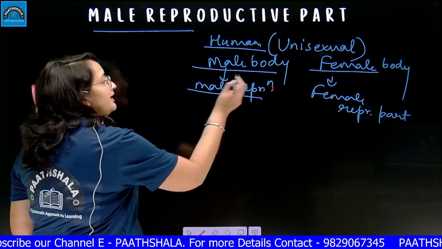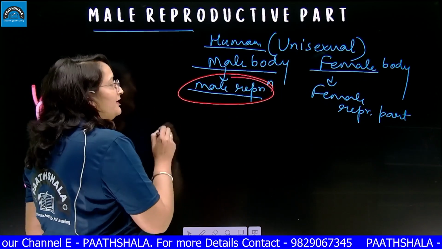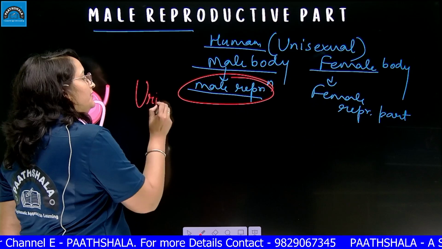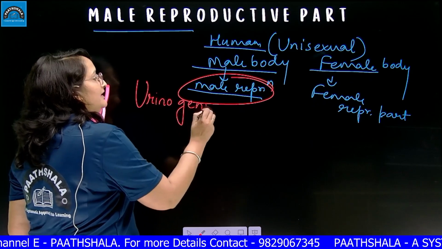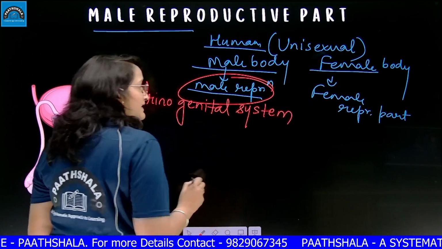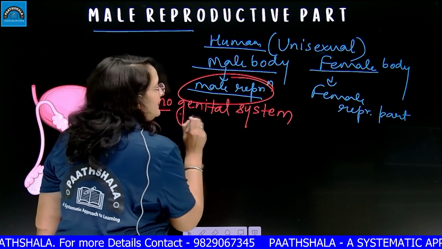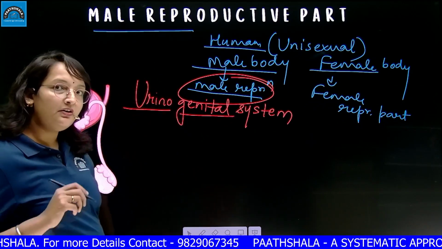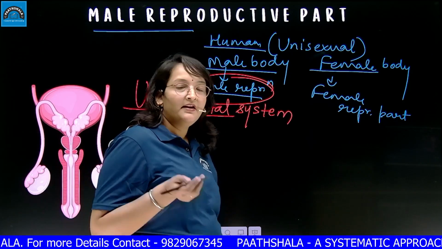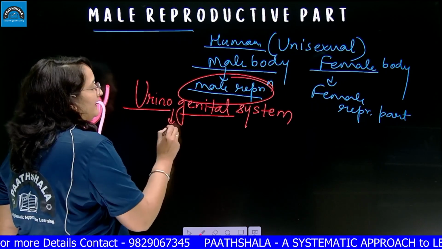The male reproductive part is also called the urinogenital system. Why so? Because in the human male body, the urinary system and the reproductive system are connected. Urino refers to the urinary system, genital refers to the reproductive system.